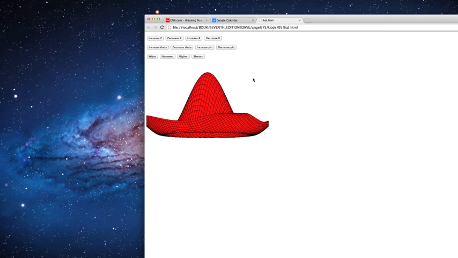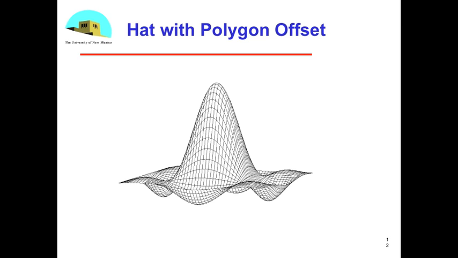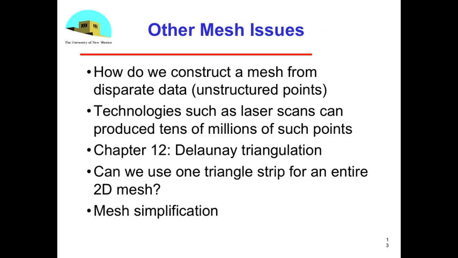So let me finish by making a couple of comments about a few more mesh issues that we'll consider many of later. One is, what if you have a lot of data, which is point data, and in some sense it's 2.5 dimensional, meaning that for every x and z value, there's exactly one y. This is what you would get, for example, if you did a laser scan from, say, an airplane looking down at the Earth.